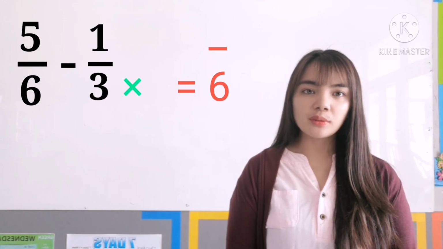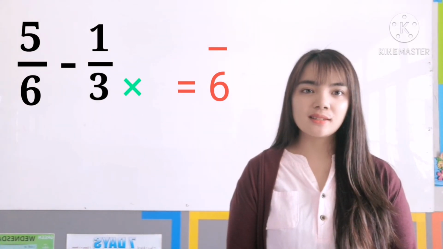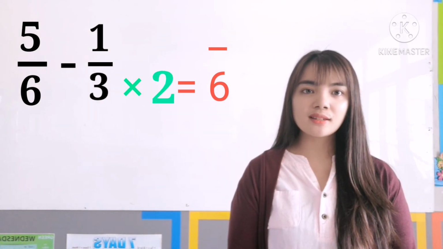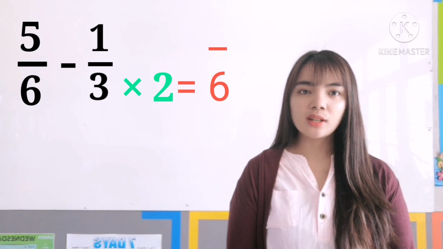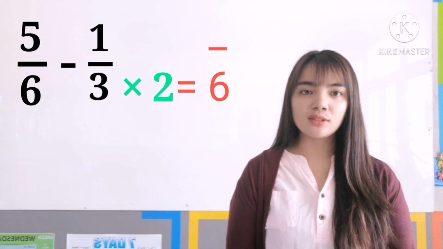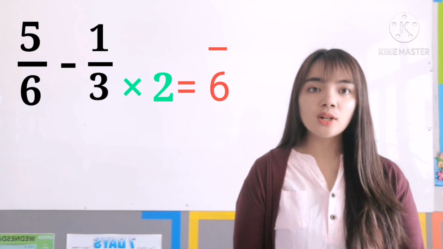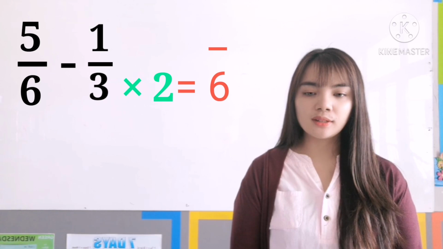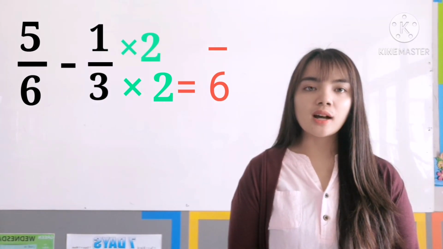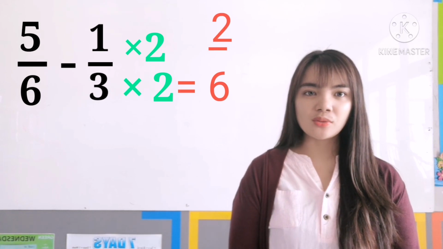So what number can we multiply by 3 to make it 6? It is 2. So 3 times 2 is equivalent to 6. Then we multiply it also to our numerator. So 1 times 2 is equivalent to 2.